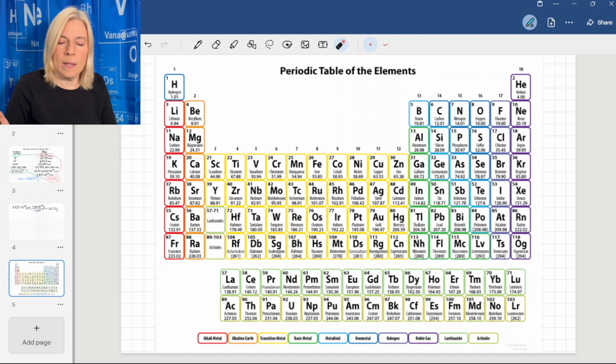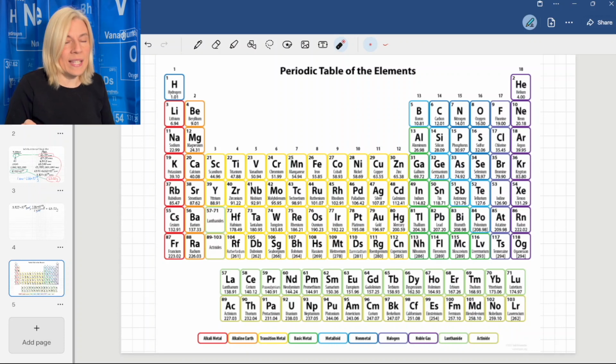We can say, wait a minute. If I have 6.022 times 10 to the 23 atoms, or 1 mole of these atoms, that will be 63.55 grams. And guess what? You can hold 63.55 grams in your hand. You are holding way more atoms than stars in the universe. It's pretty amazing how small atoms are.